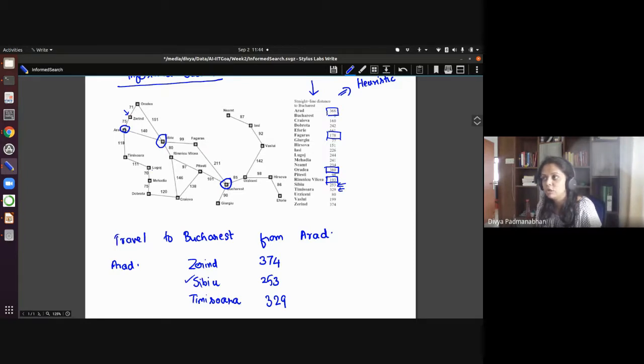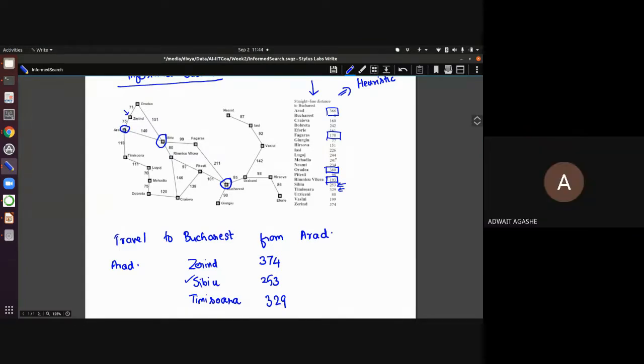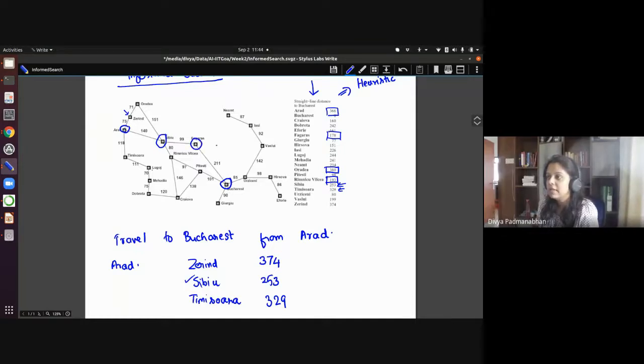So you're at Sibiu and you have to pick one of these four places. Fagaras, because it's the closest to Bucharest. So you'll pick Fagaras. And now once you're at Fagaras, there are again two options, Sibiu or Bucharest. Sibiu is again 253 and Bucharest is 0, because you'll already be at Bucharest.